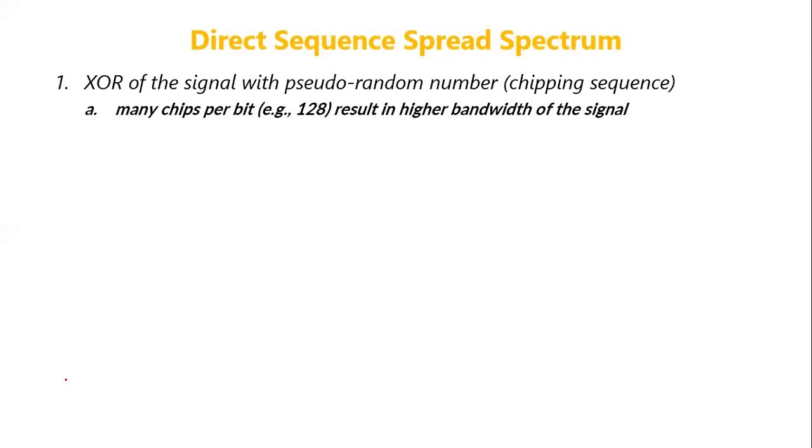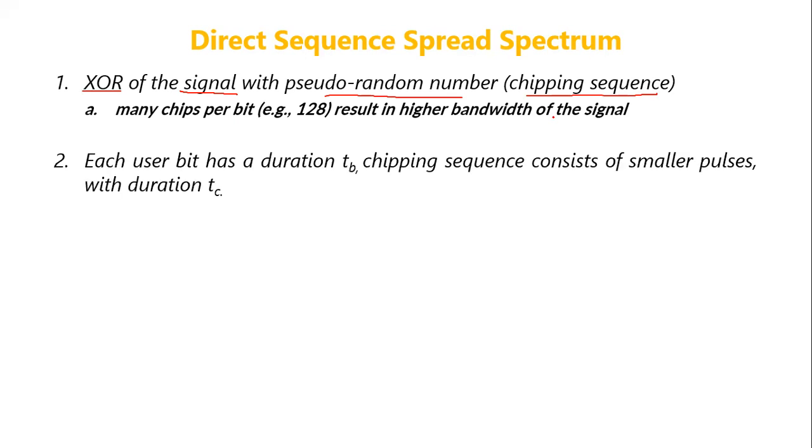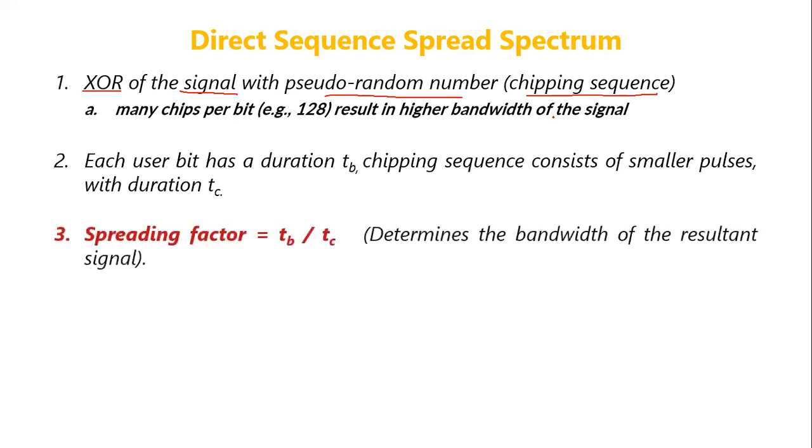But the basic concept is that whatever signal the sender wants to transmit will be XORed with a chipping sequence. This chipping sequence is basically a pseudo random number, a binary chipping sequence. Whatever we get as a result is considered the spread signal.